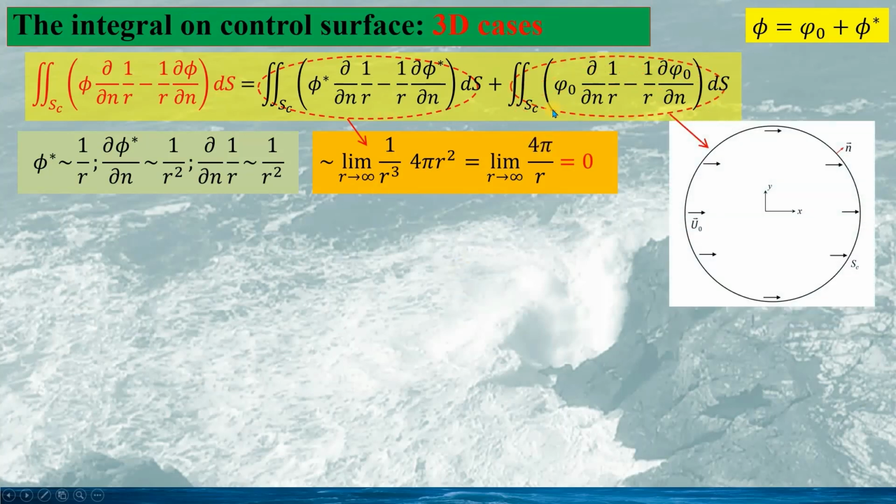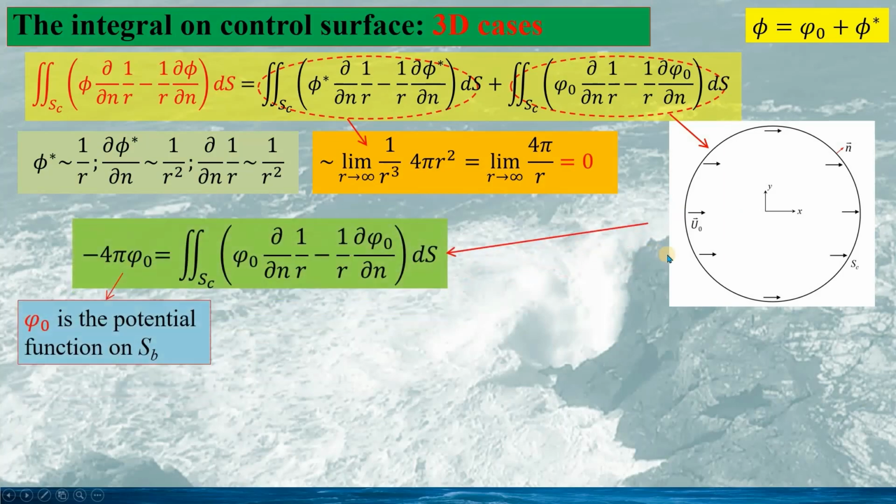Then for the second integral on SC, we can assume the flow enclosed by SC only, and phi 0 is the potential flow for the uniform flow. Then we can desingularize to obtain the potential in the flow enclosed by SC. Here, phi 0 is the potential function on SB. We can assume SB is in the fluid enclosed by SC somewhere here.